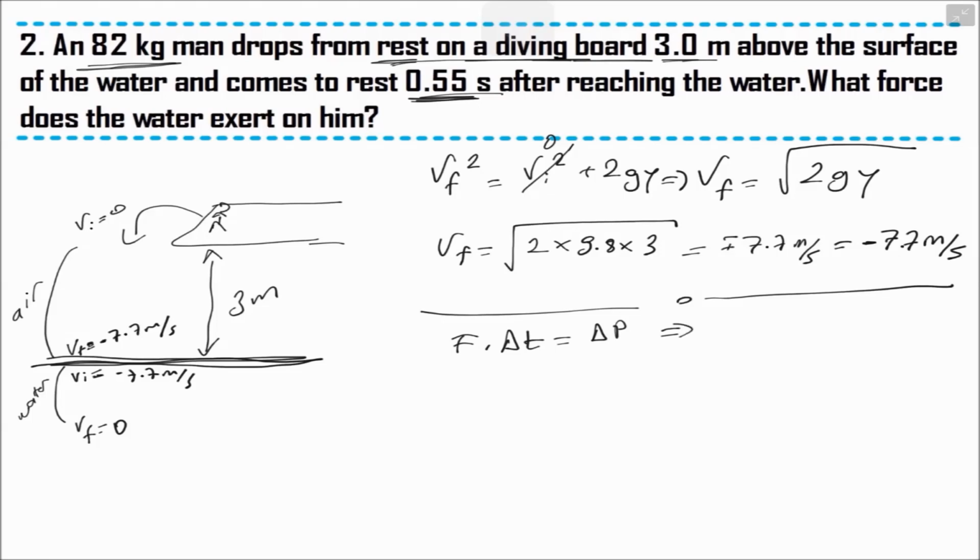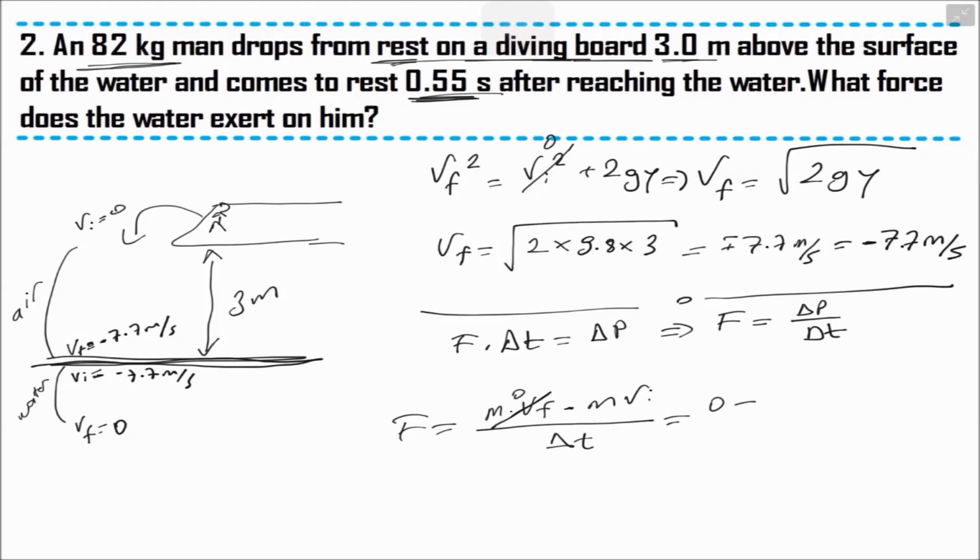As a result, it's asking F, so F equals delta p over delta t. F will be delta p, meaning m times v final minus m times v initial, over delta t. And final velocity inside the water is 0.